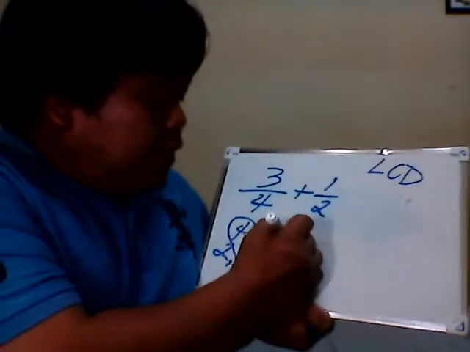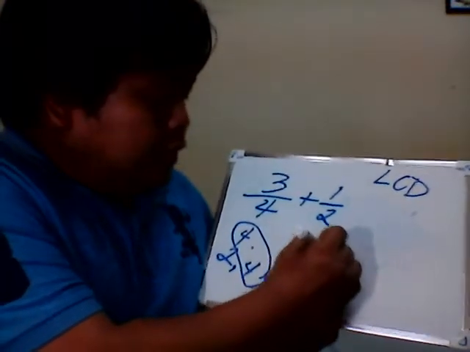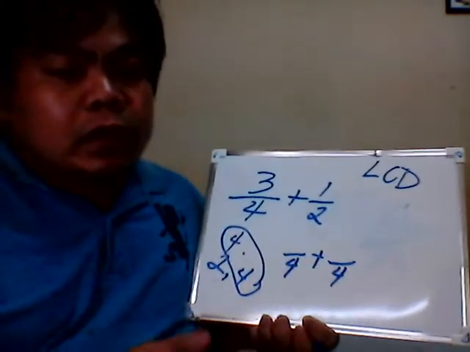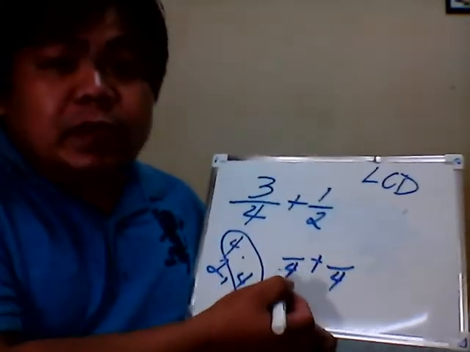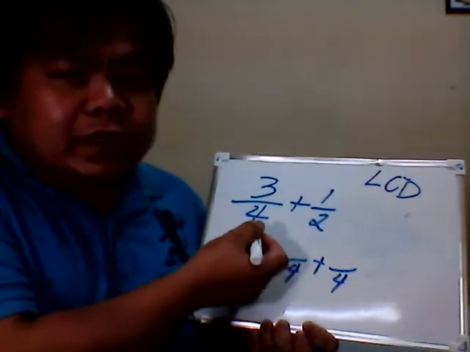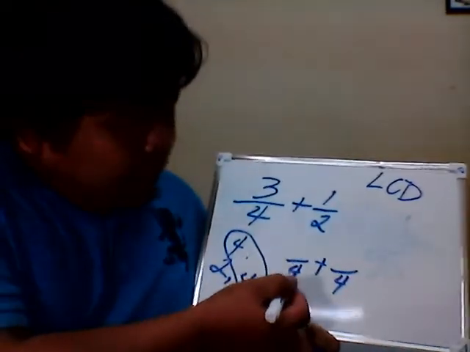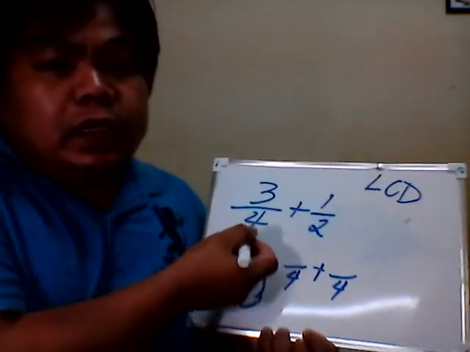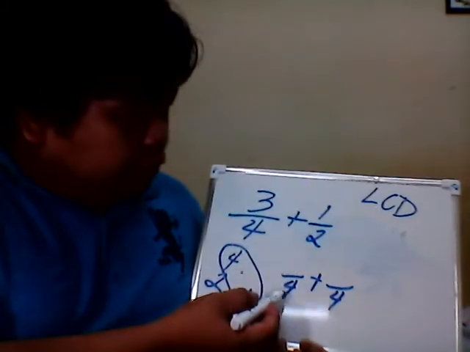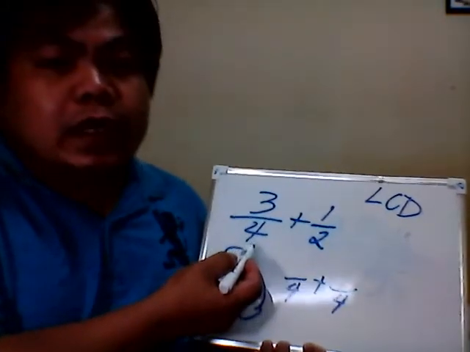Now, make a new fraction using the LCD, which is 4. Now, the numerator is still missing. How are we going to find the numerator? By simply dividing the LCD by the old denominator. So let's take the first fraction. 4 divided by 4 is 1.